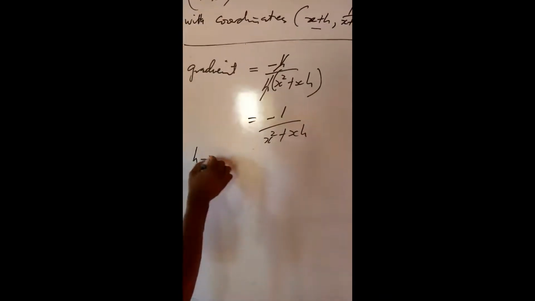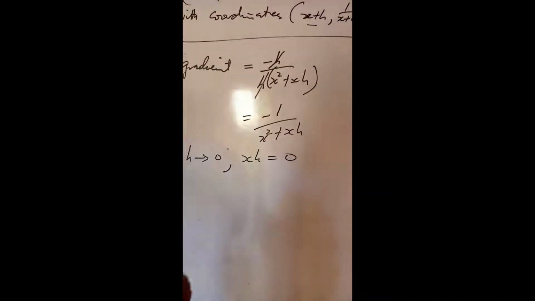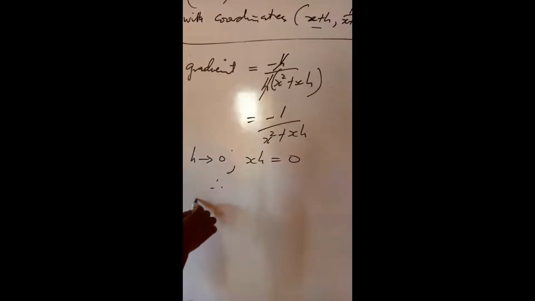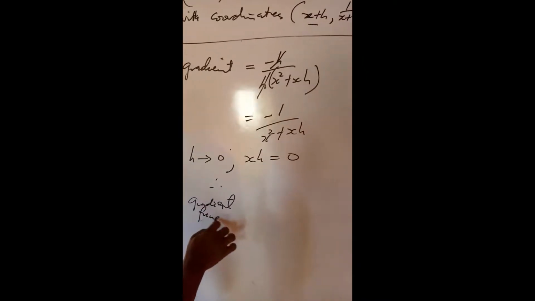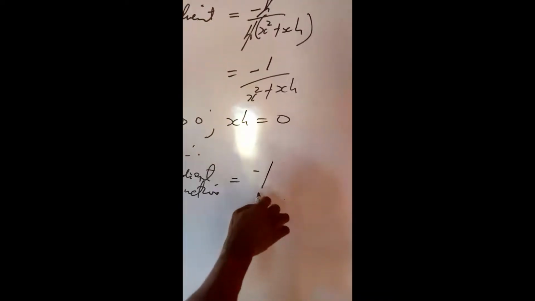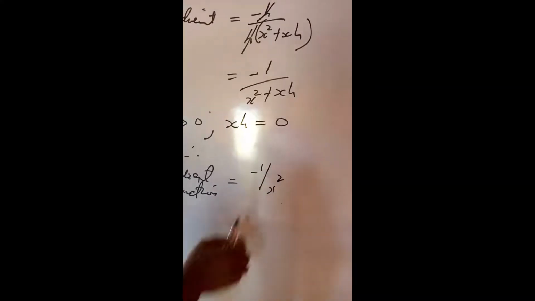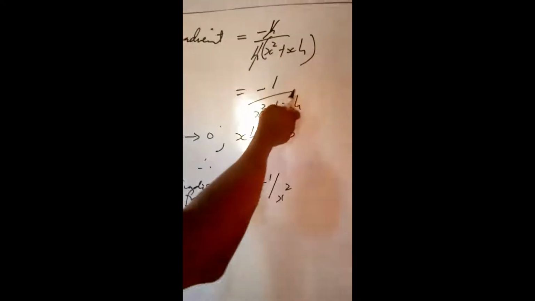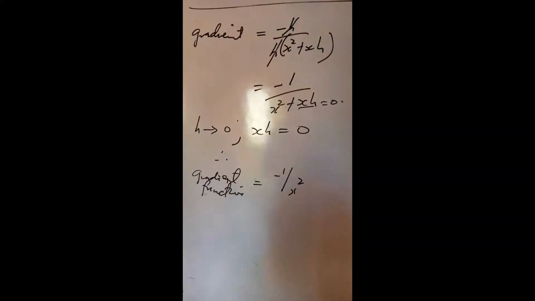We are now saying that if h tends to 0, xh is equal to 0. Therefore, your gradient function is equal to minus 1 all over x squared, because these tend to 0.